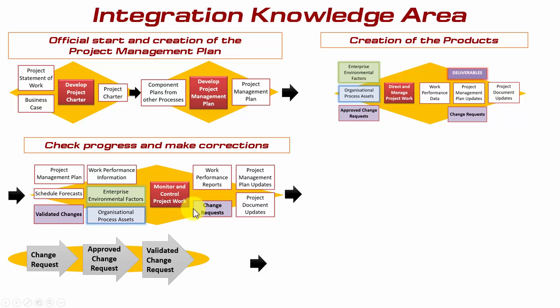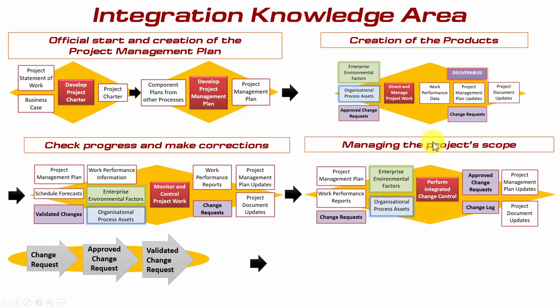That brings us to managing the project scope, which is the purpose of the Perform Integrated Change Control process itself. Here is where all change requests are entered as an input, and the output from this are the approved change requests themselves. Note the use of a change log here to capture the history and status of all changes.